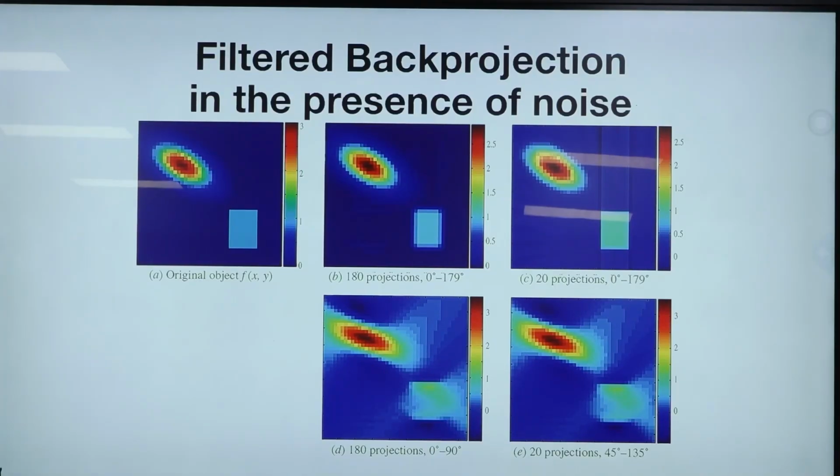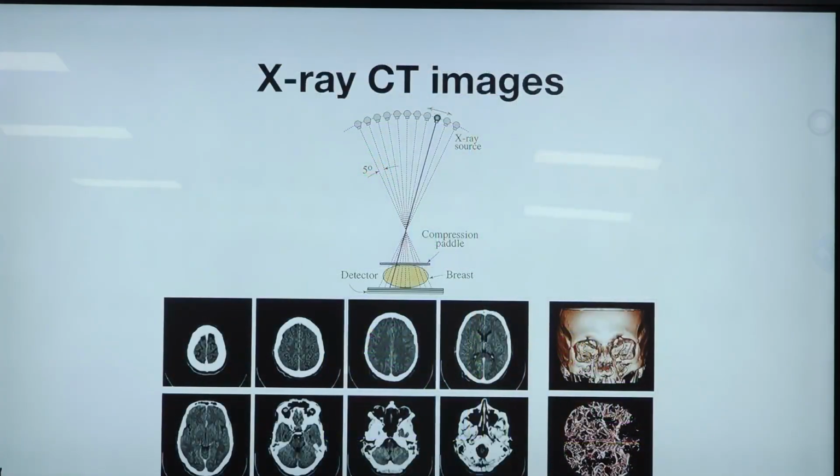One of the things noise does is that instead of having sharp edges, you will have noise not just at the edges but all over the place, added to the reconstructed image. This X-ray tomography that I mentioned is actually how X-ray CT works.